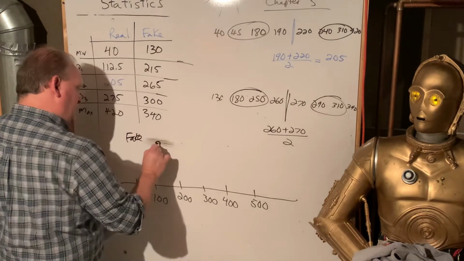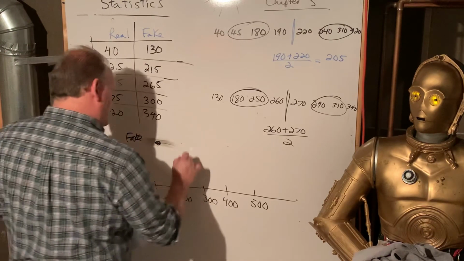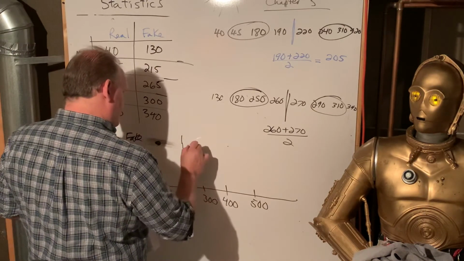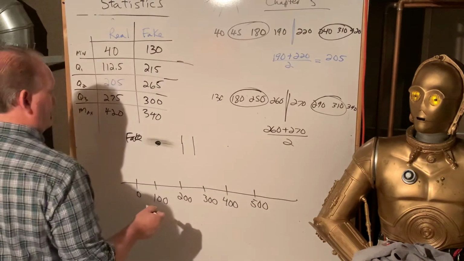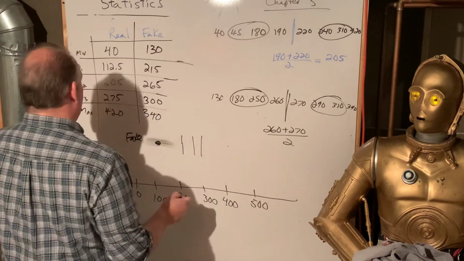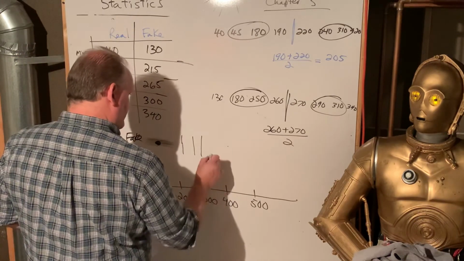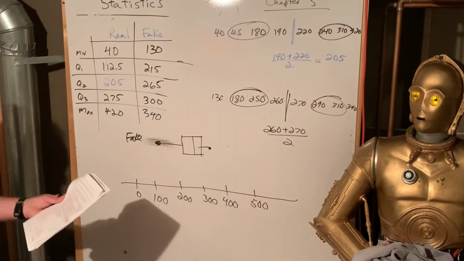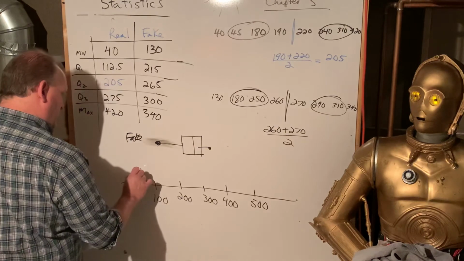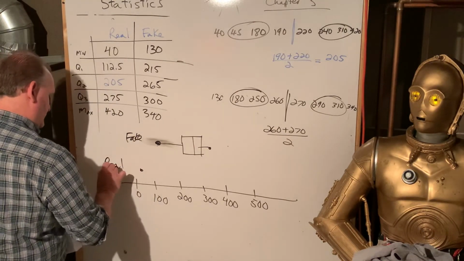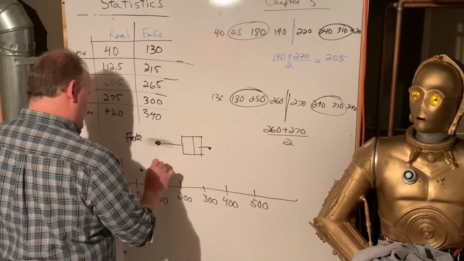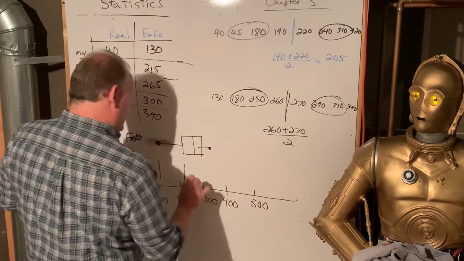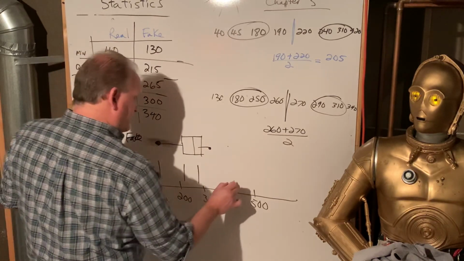So 130 is our low, and then 215, and then 265, and then 300, and then 340. And then for the real stuff, we are all the way down to 40. And up to 112, and 205, and 275, and 420.